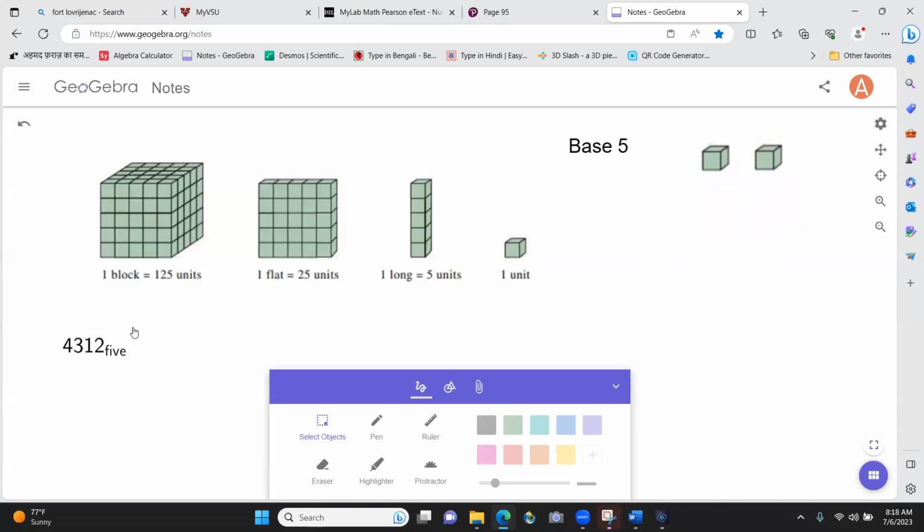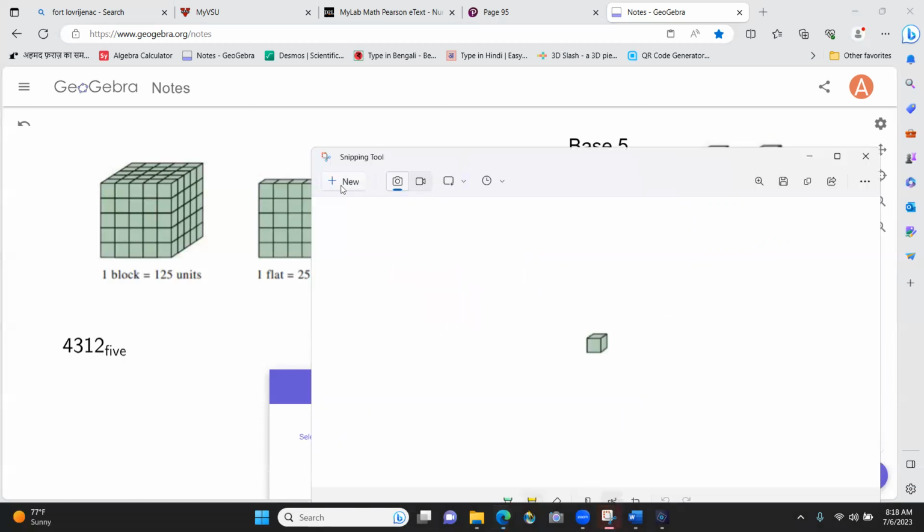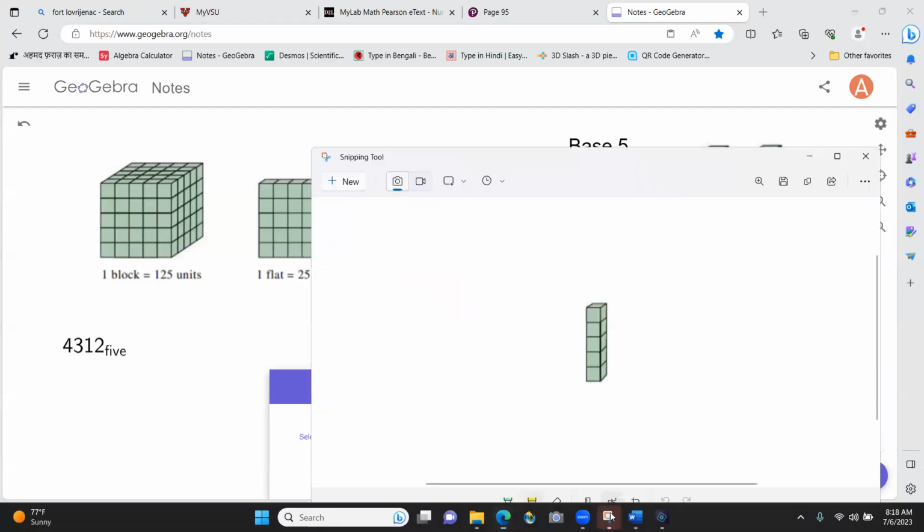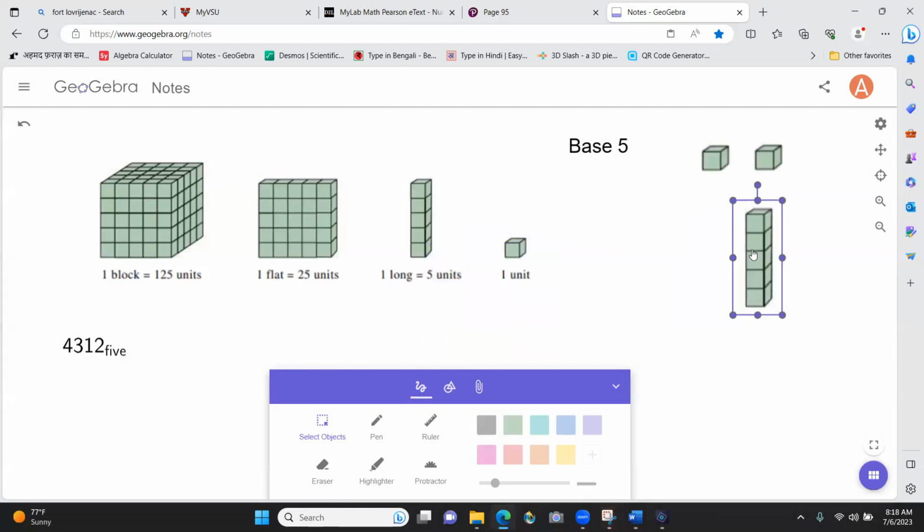How many copies of the long ones do I have? According to my picture, the second digit is 1 stick. I only have 1 stick. I'm going to take 1 of them. How many of the slabs do I have?